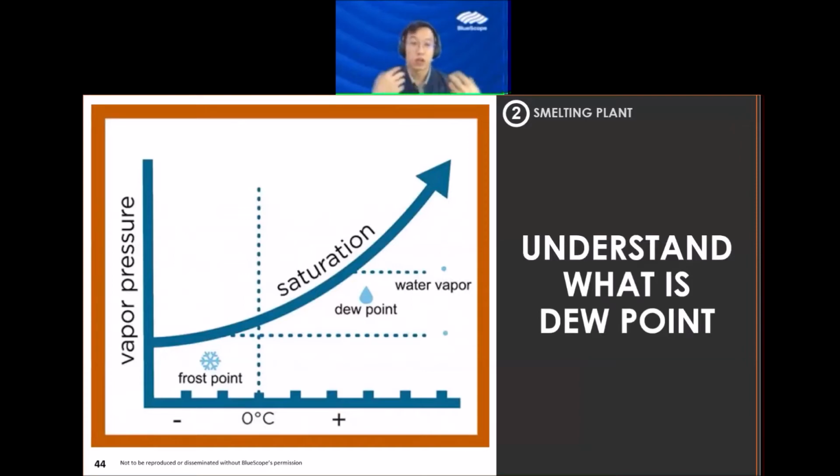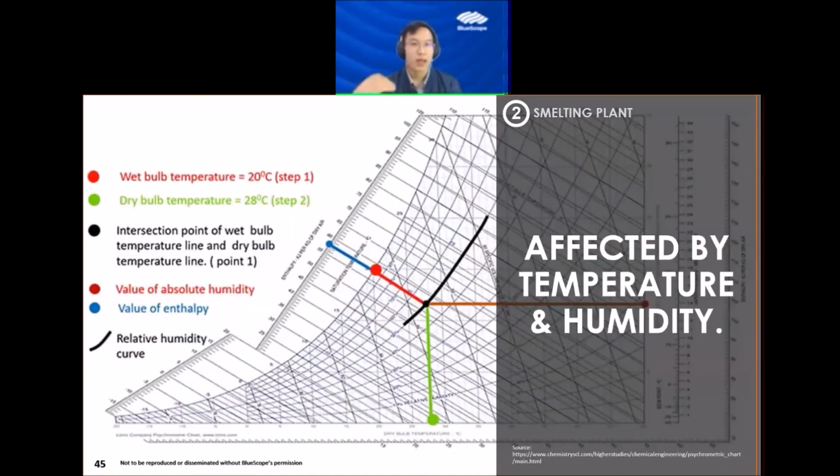So these are what we call dew, morning dew, right? Dew point is very similar to that. In fact, dew point is the phenomenon where water vapor condenses to become water droplets. Okay, so again, it has largely to do with the temperature and humidity, right?